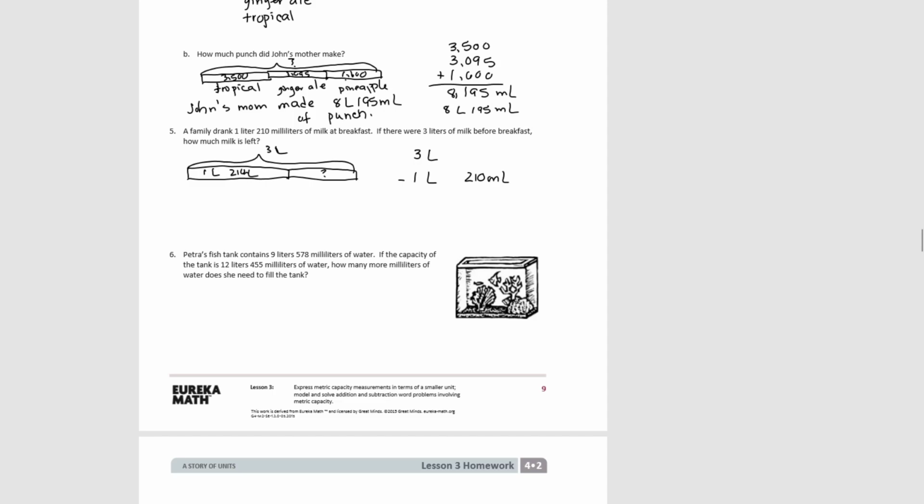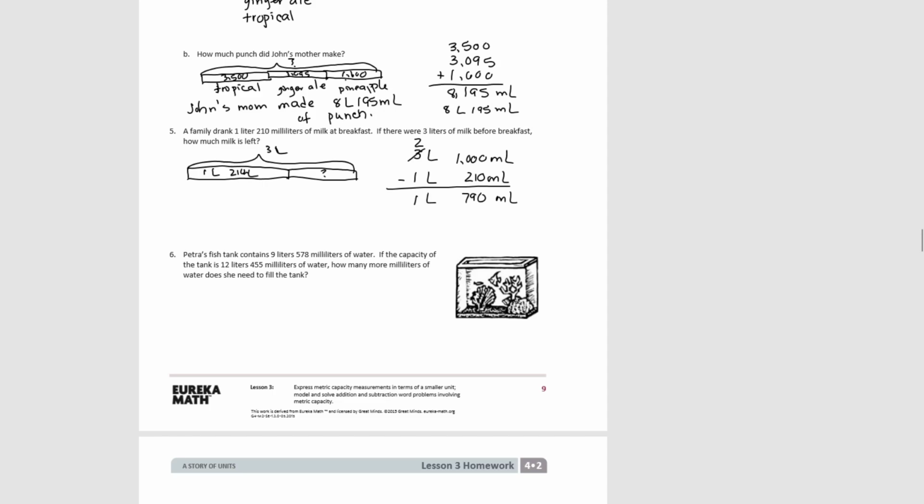So in order to do this subtraction, we need to rename one of these liters as 1,000 milliliters. When we do the subtraction, we get 790 milliliters. And when we subtract here for the liters, we get 1.